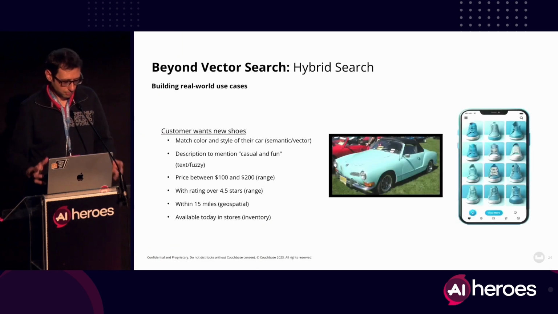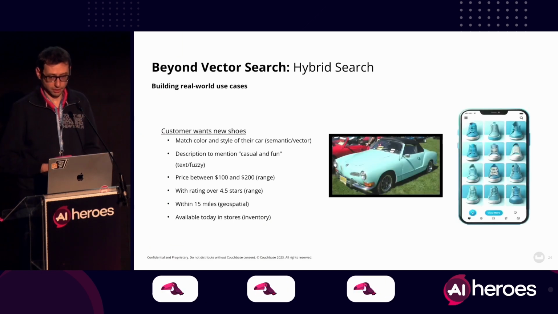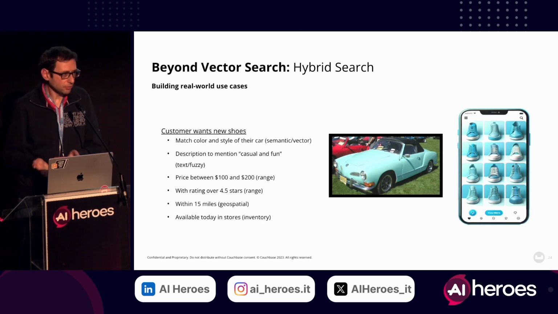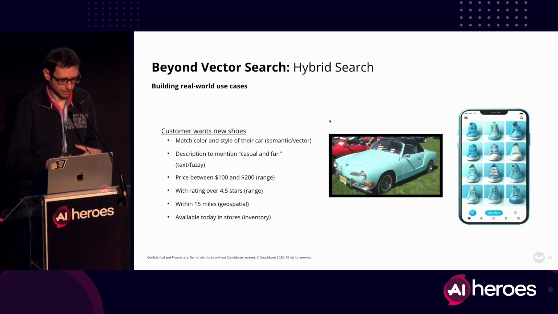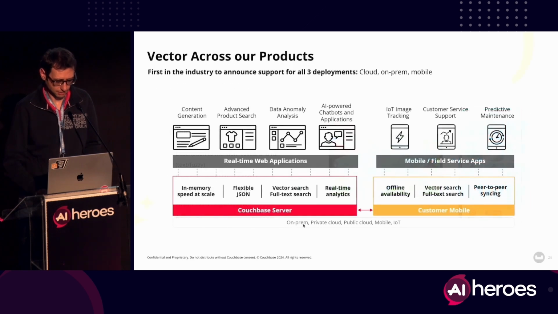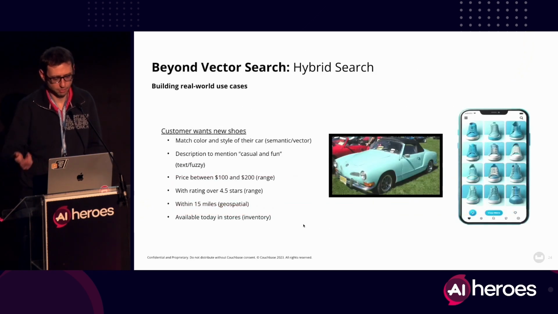Yes, also an important point is the possibility to do hybrid search. Imagine you want to search for a shoe which is similar in color to an image of your car. You can upload the image of the car and say, I want shoes with that color, but also with other predicates, which are not vector search in this case.